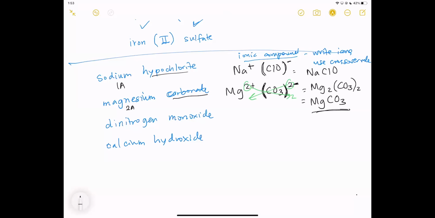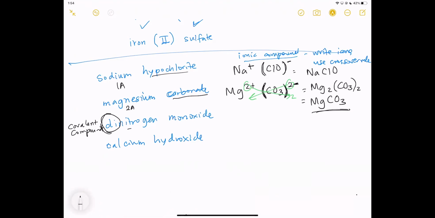For the next example I wrote, you have dinitrogen monoxide. Now notice this di. That's a Greek prefix. So that Greek prefix means you're looking at a covalent compound. A covalent compound means no ions. So don't write any ions and don't use the crossover rule, okay? So that di is a Greek prefix. And the other way you would notice this is a covalent compound, not just from the Greek prefix, is that there are 2 nonmetals.